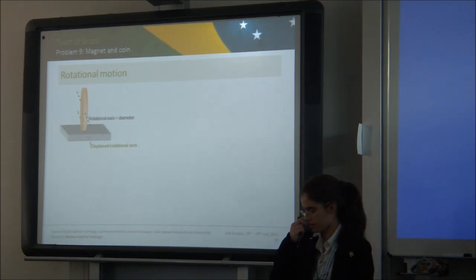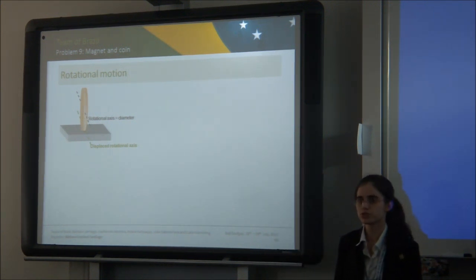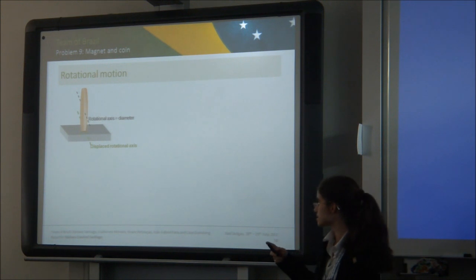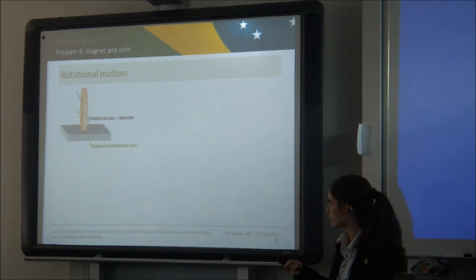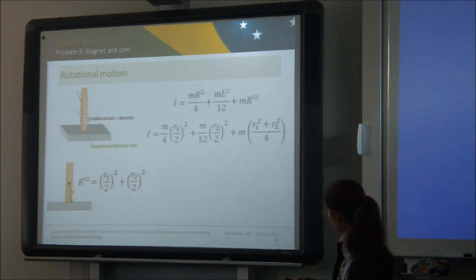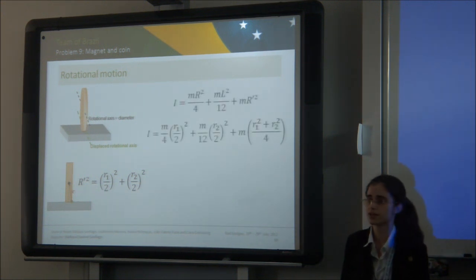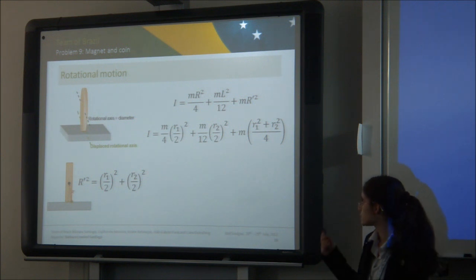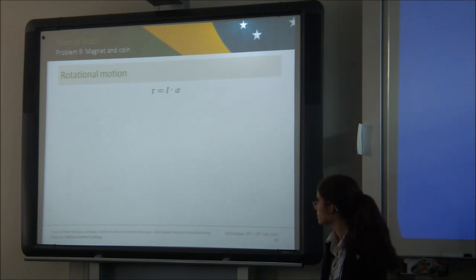So we wanted to know about the rotational motion, of course, and then we displaced the rotational axis from the center of the coin by a distance R'. Then we used the parallel axis theorem to get the moment of inertia at this point.